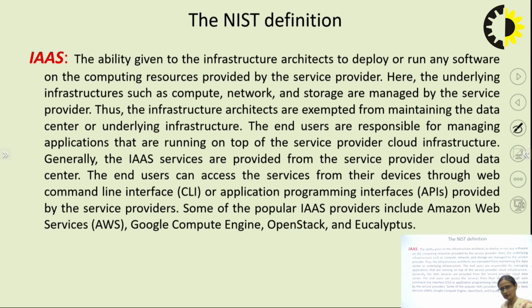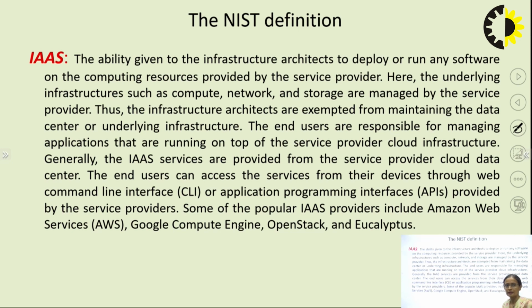Nothing is present on the user end, everything is there with the service provider. Therefore, the infrastructure architects are able to maintain the data center or underlying infrastructure with the help of the cloud service provider. This enables managing the applications running on top of the infrastructure.